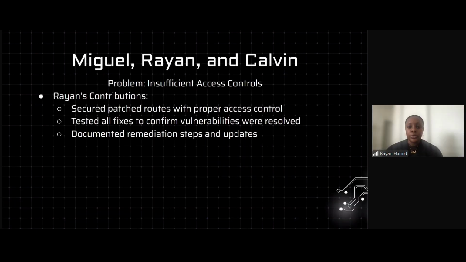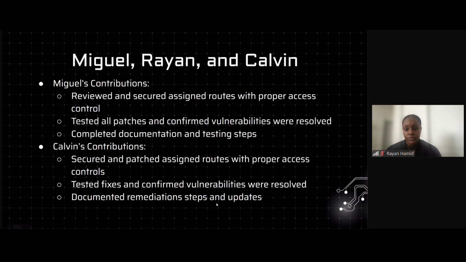So for our group, me, Miguel, and Calvin, our problem was working on insufficient access controls. My contributions mainly consisted of securing the patched routes with proper access control, testing all the fixes to confirm that the vulnerabilities were resolved, and then documenting all of our remediation steps and all of our updates. For my part, I reviewed and secured assigned routes with proper access control.